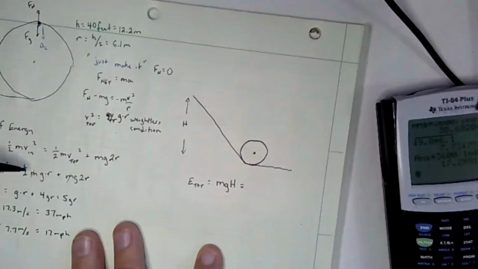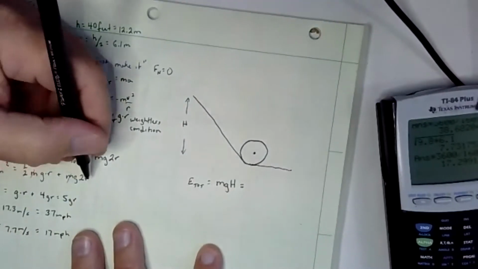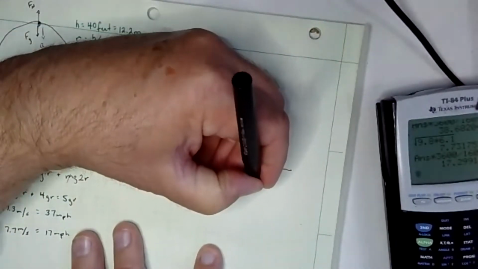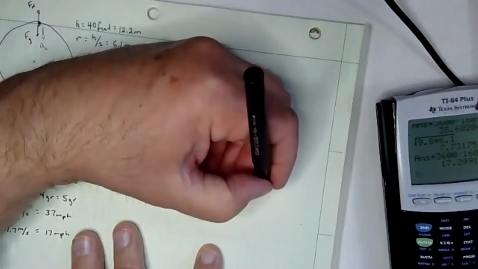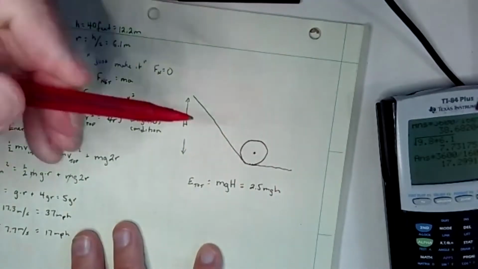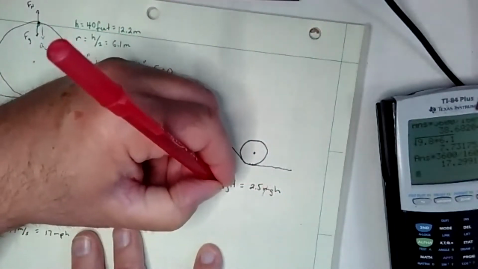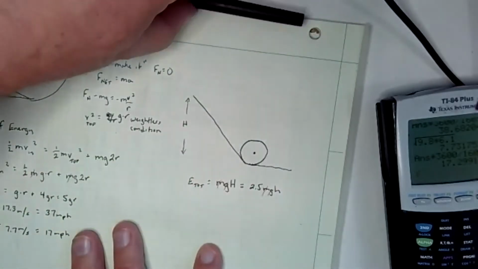Well, this is going to be equal to 2.5 mgr, since 1/2 plus 2 is 2.5. And then a super interesting situation happens because the mass cancels, but also g cancels. So it doesn't even matter what planet you're on.